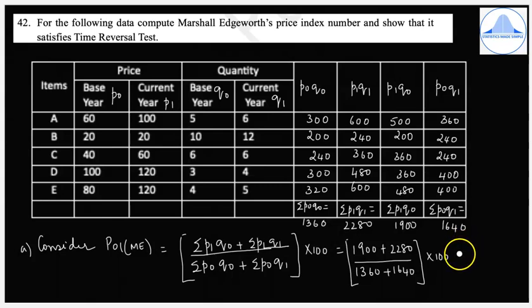So which gives us 4180 divided by 3000 into 100. So on simplification we get P01 of ME is equal to 139.33.